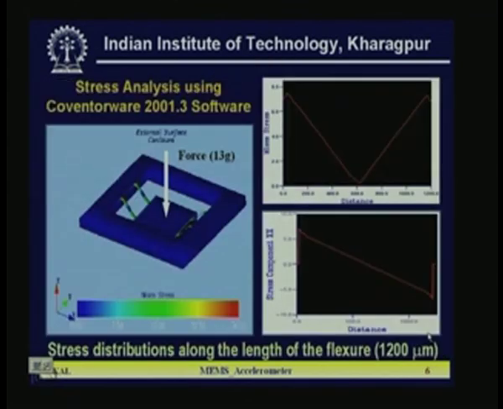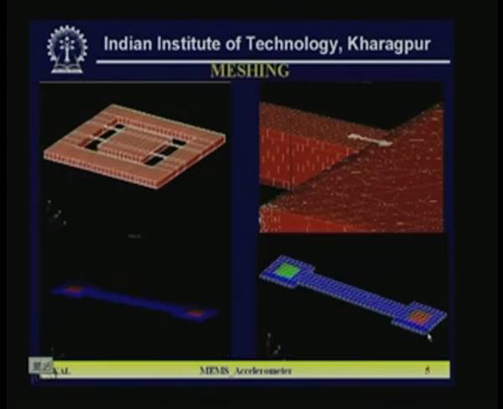Now if I go to the next slide, you can see the first job after finalizing the structure. You have to mesh it for stress analysis, because you are going for numerical techniques.